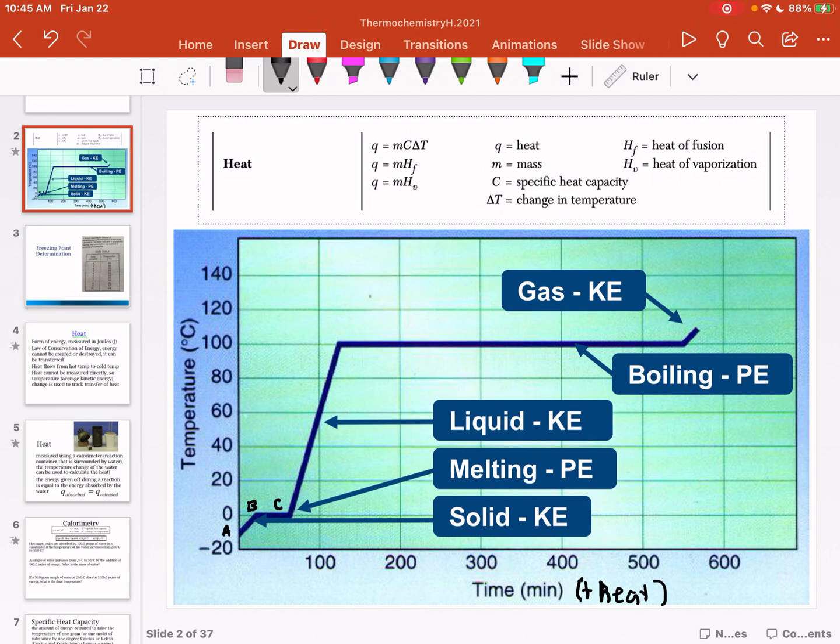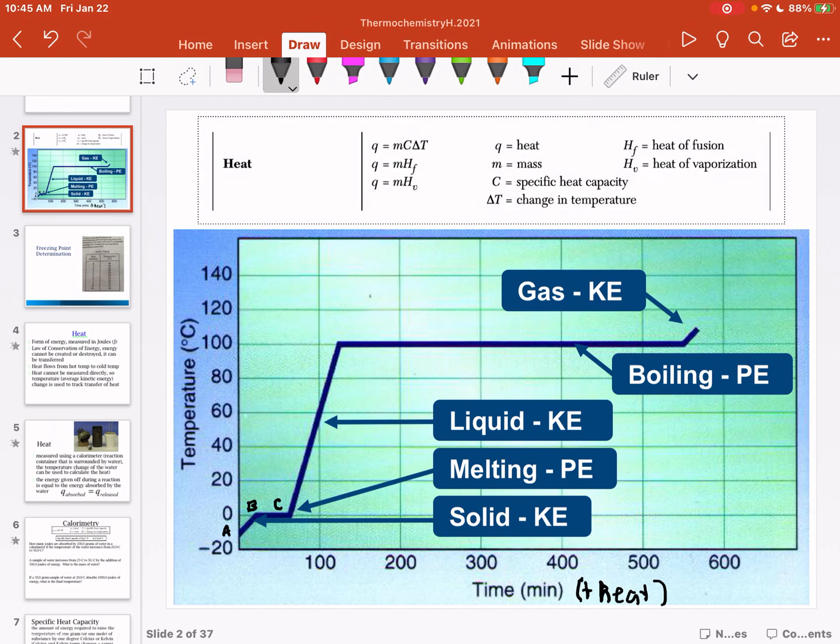And so during that plateau, if you will, we do not have an increase in temperature, but we are transitioning from solid to liquid. So during line segment BC, we have solid and liquid at the same time. At point B, it's completely solid, and at point C, it's completely a liquid.